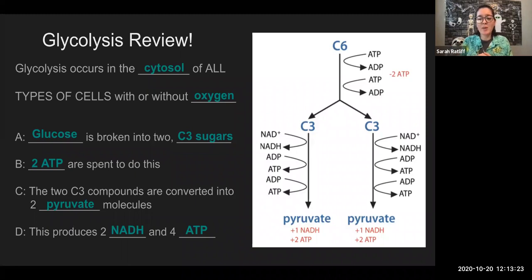Hey, we got our ATP back. We're going to have a net gain of 2 ATP. We lost 2 at the beginning, and we're ending up with 4 at the end, so our net gain is 2 there. And between these 2 C3 molecules, we're doing this process twice because there are 2 of these molecules. We get 2 pyruvates, 2 NADH, and 4 ATP at the end.